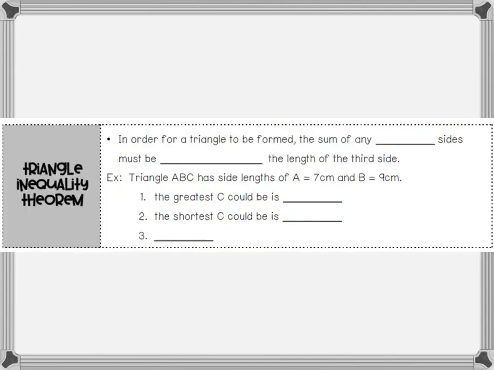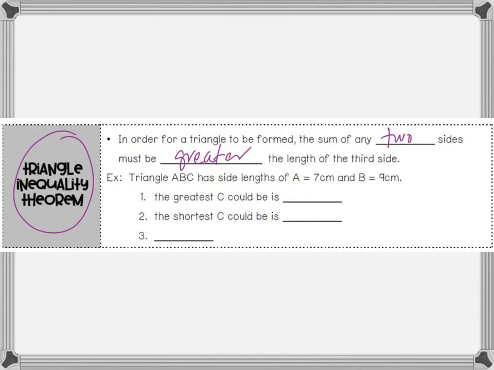One more thing that we need to talk about is the triangle inequality theorem. In order for a triangle to be formed, the sum of any two sides must be greater than the length of the third side. Technically, you're supposed to check this by adding together the sides in varying combinations.